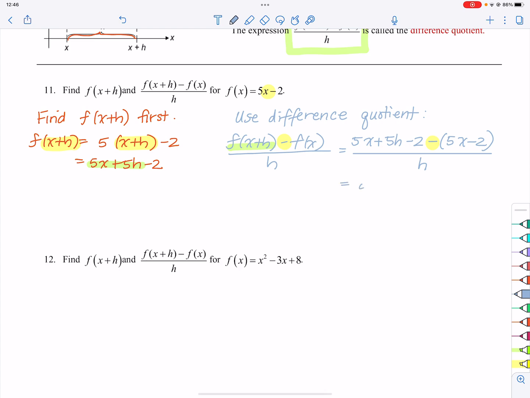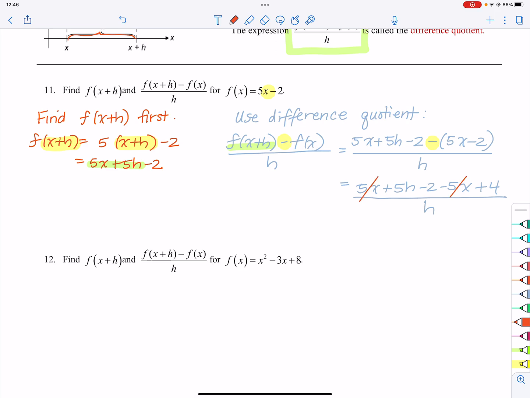So that's equal to 5x plus 5h minus 2 minus 5x plus 2, all over h. So as you can see, our 5x's cancel.